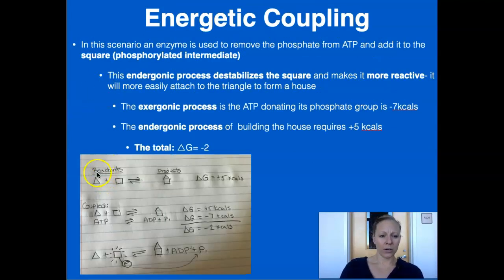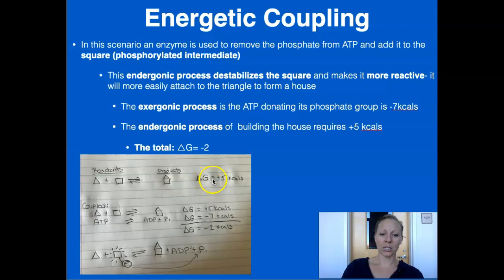So in this scenario, we have reactants and we have products. An enzyme is going to be used to remove the phosphate from the ATP and add it to the square, a phosphorylated intermediate. So here are our reactants, a triangle and a square, and our product is a little house. This process takes energy to put these two things together.